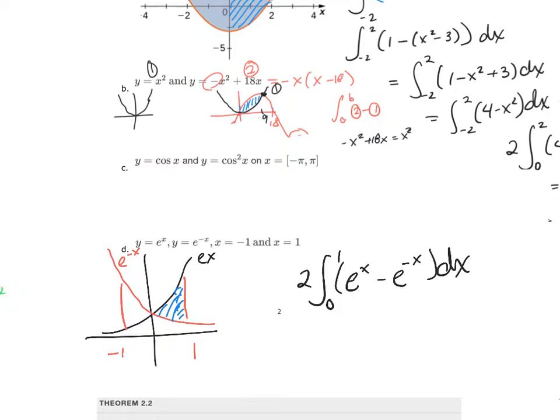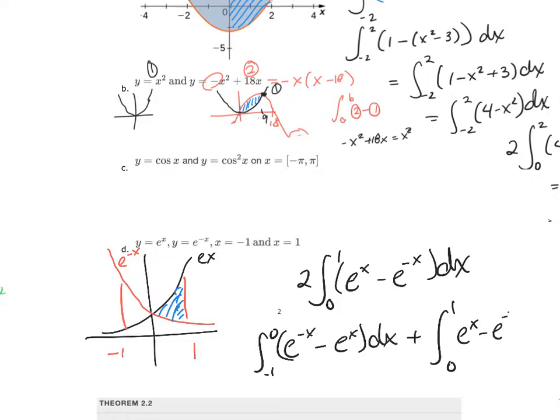Now, if I'm not going to use symmetry, that's totally cool. Then I would have integrated from -1 to 0. E to the negative x would have been the function that is above the e to the x function. And then I would have added to it from 0 to 1. Now e to the x is the top function and e to the negative x is the bottom function.